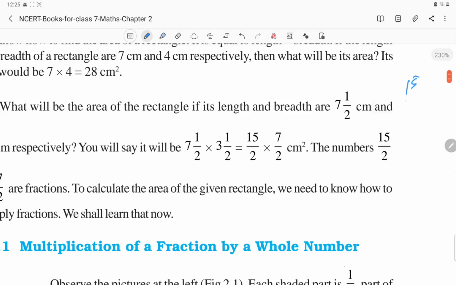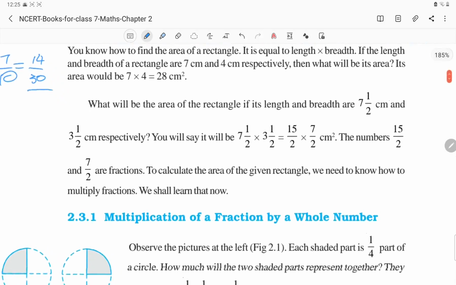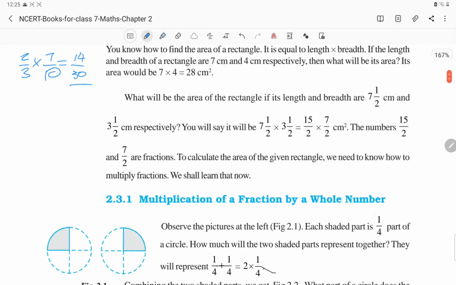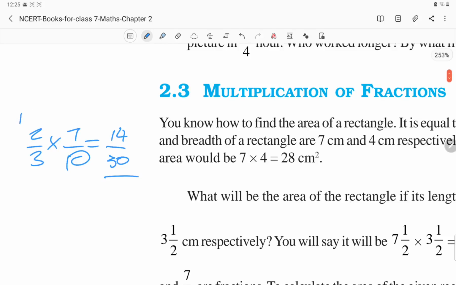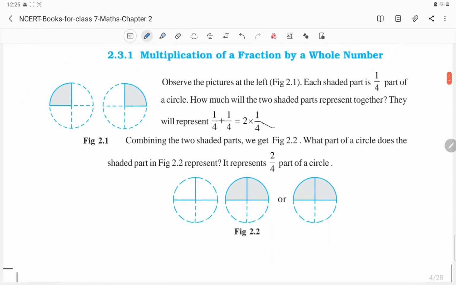You will have to do a method. 5 times 7, 35. 7 times 1, 7 plus 3, 10. So 105 by 4 centimeters squared is the answer. Okay. Remember this example, it is the most simplest thing in the world. Maybe not in the world, but yeah.